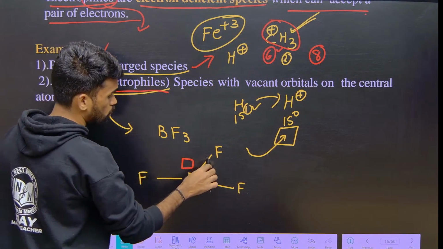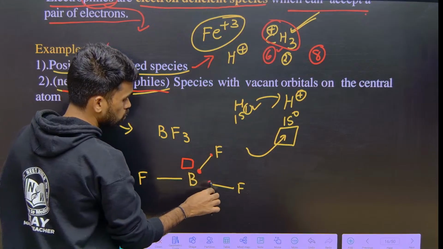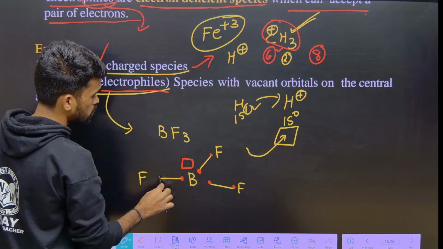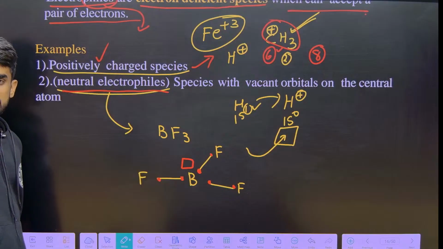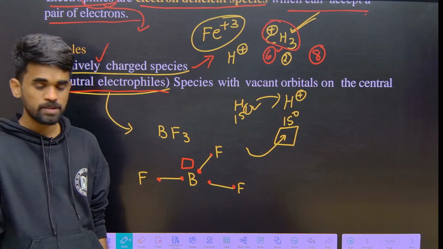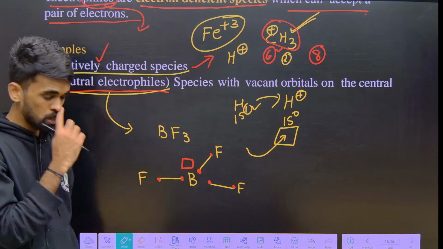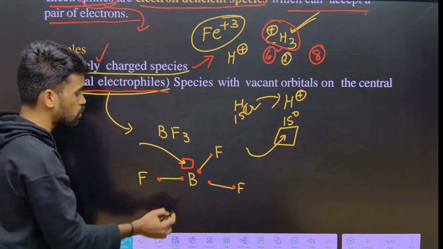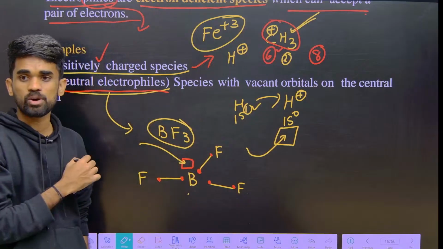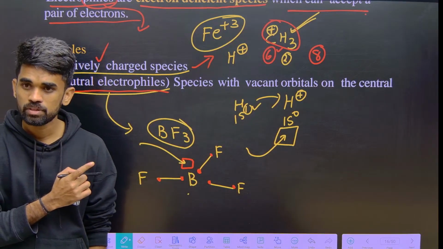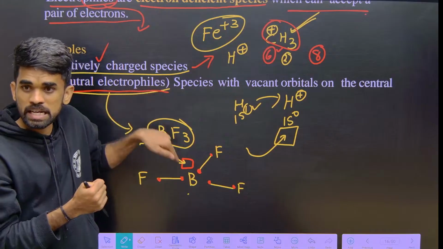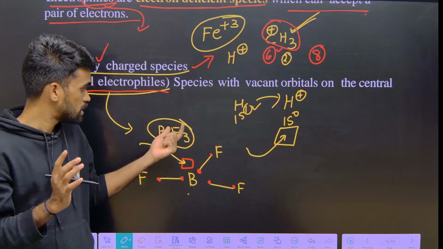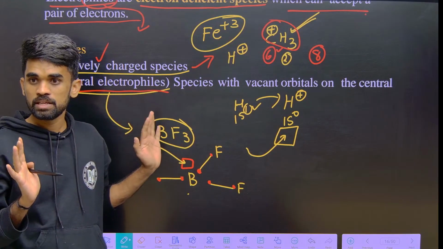Just count how many electrons are there: 1, 2, 3, 4, 5, 6. So 6 means less than 8 electrons. One empty orbital is there with the boron, so it is ready to accept a pair of electrons into this empty orbital. So boron trifluoride is also an example of an electrophile, and especially a neutral one. There is no charge, so it is a neutral electrophile. Is that clear or not?